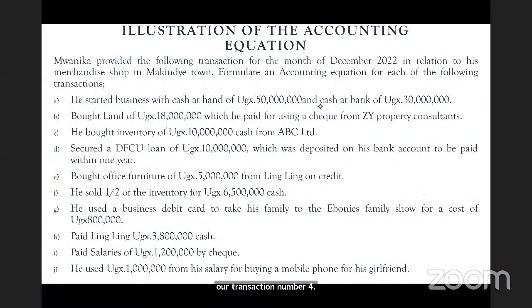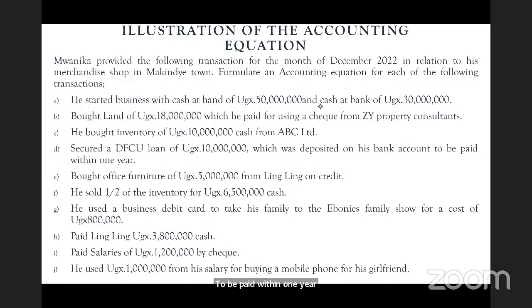Transaction number 4, bought office furniture. Oh, okay, before that. Secured a DFCU loan of 10 million, which was deposited on his bank account, to be paid within 1 year.